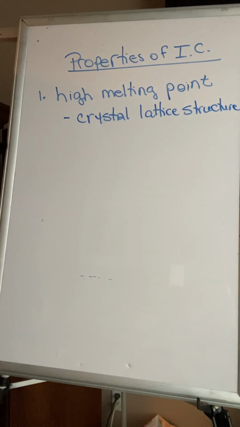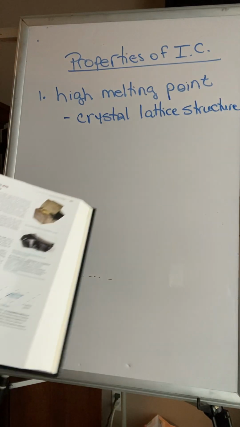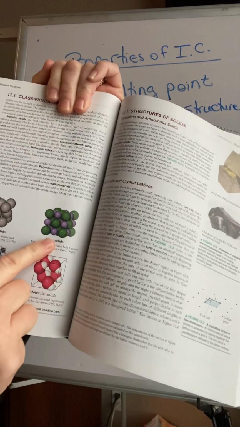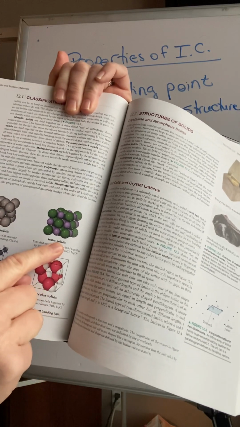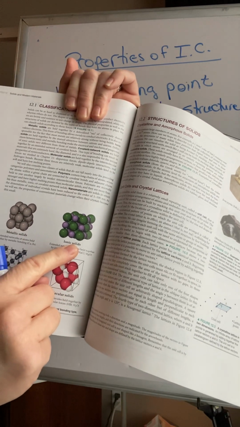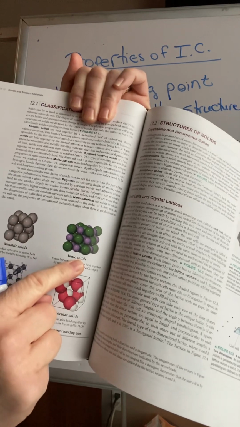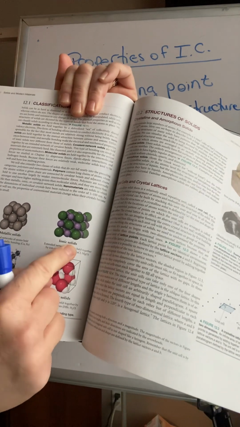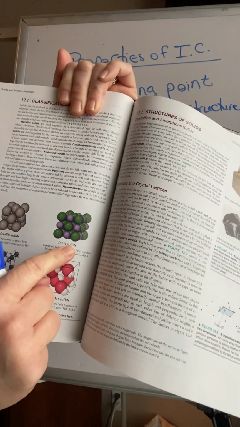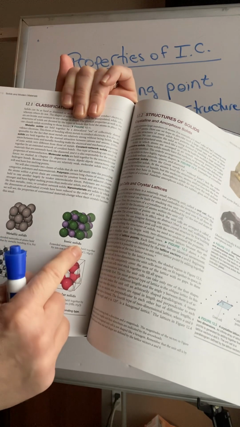And here's what a crystal lattice structure looks like. Okay, I'm looking at this one right here. Okay, so when you think of like any kind of ionic compound, and we'll go back to sodium chloride again since we're familiar with that, you think like sodium and chlorine, and you probably only think of one sodium and one chlorine.